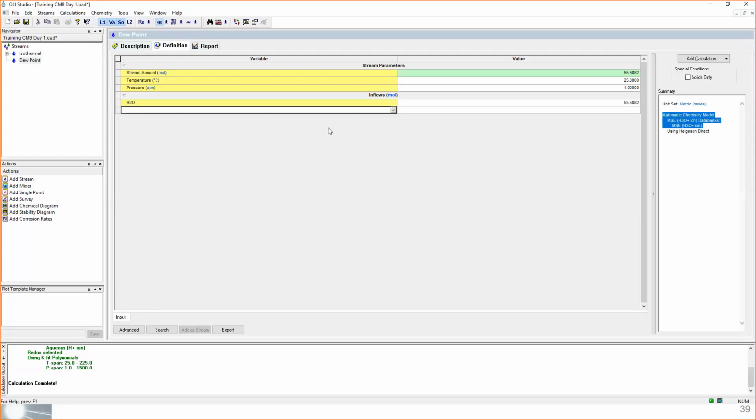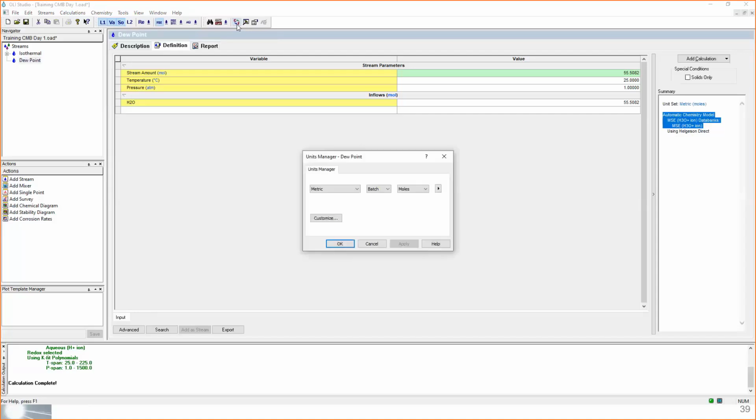I also want to change the units. To do that, I make sure that I'm selecting the dew point and go to my units manager, the CF icon here. I am going to change this from metric batch moles to metric batch mole fraction.